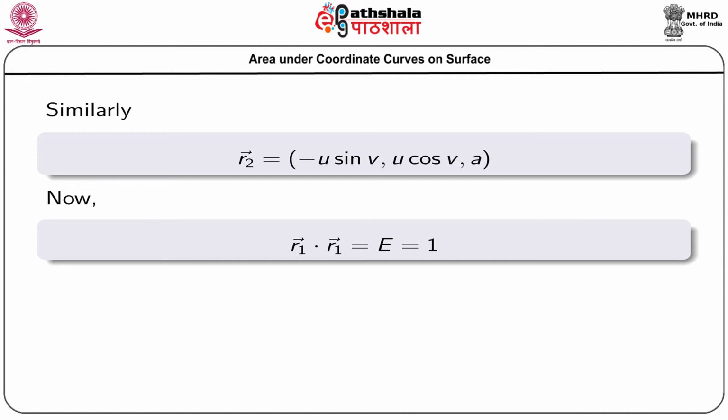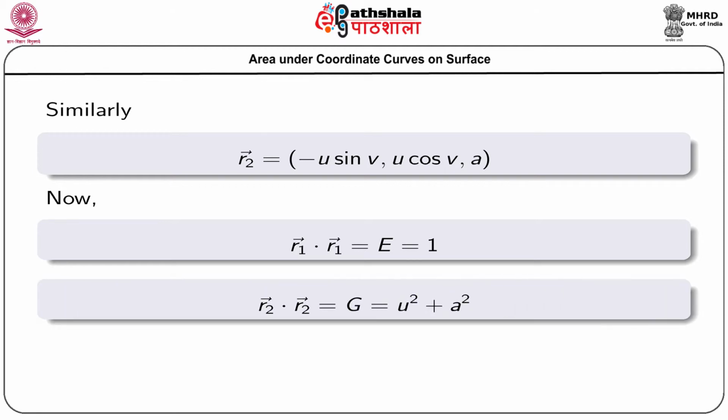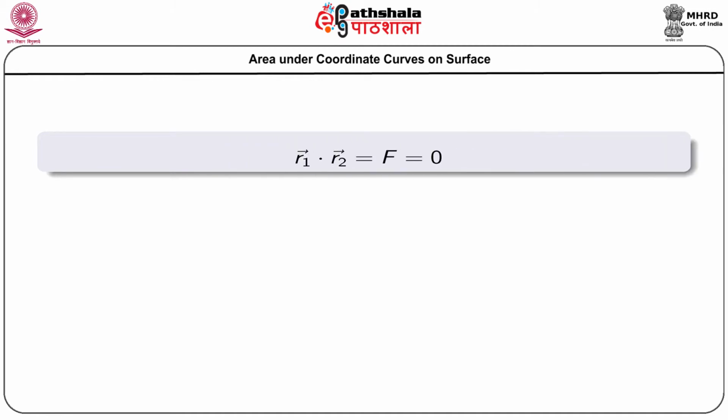Now, R1 dot R1 is equal to 1, that is A11 equals 1. R2 dot R2 is u square plus a square, that is A22 is u square plus a square, and A12 is equal to 0. That means the coordinate curves or parametric curves are orthogonal for this surface. And previously we have seen that the surface of helicoid has the parametric curves orthogonal.